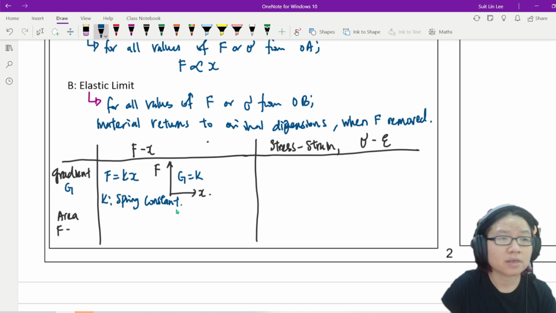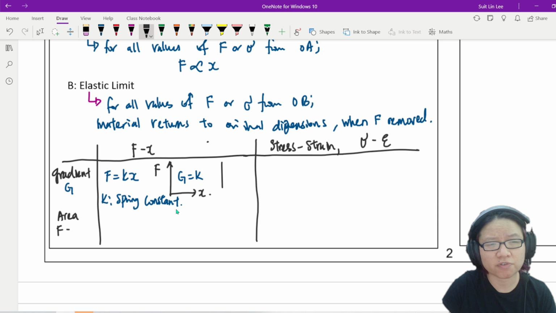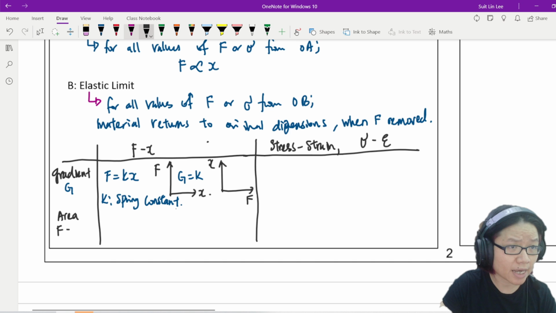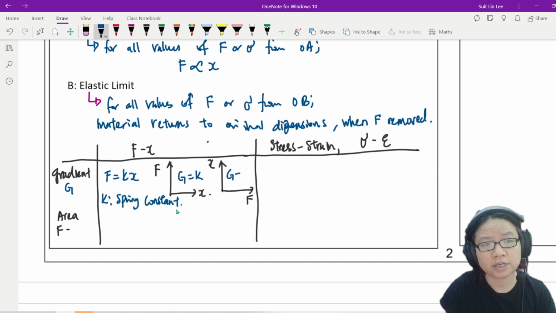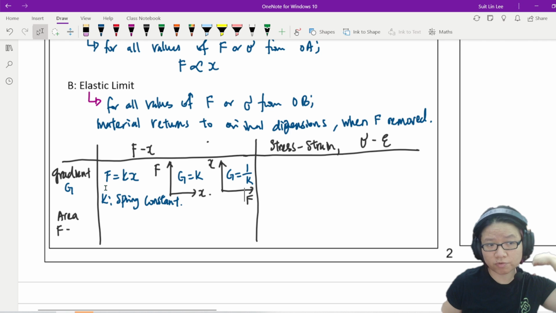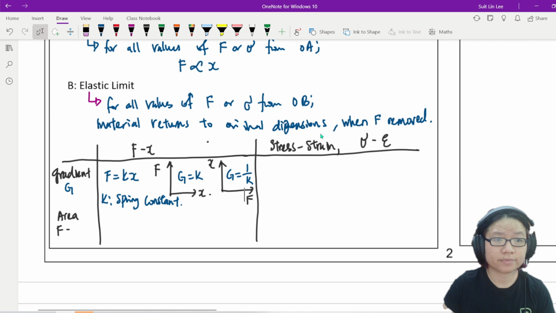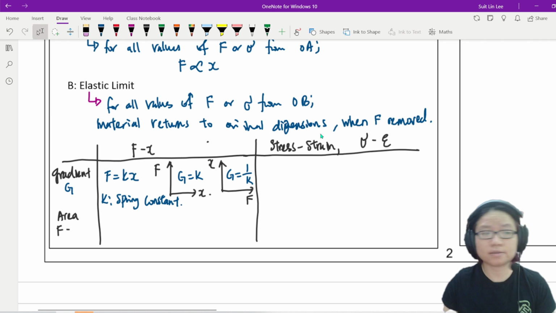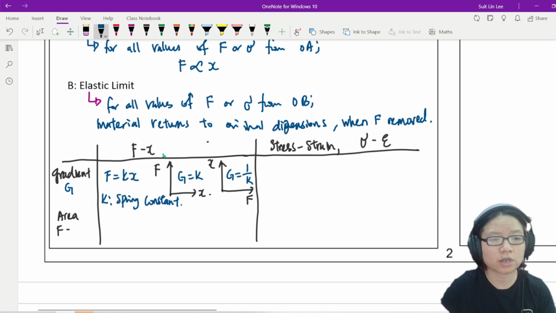Okay, but sometimes, just for fun, they will flip the axis, x against F. In this case, your gradient g is equal to 1 over k. All right, because you bring this one over, it's 1 over k. Okay, so whenever you flip the axis, if you are a bit confused, can I write the equation for you? F is equal to kx, right?